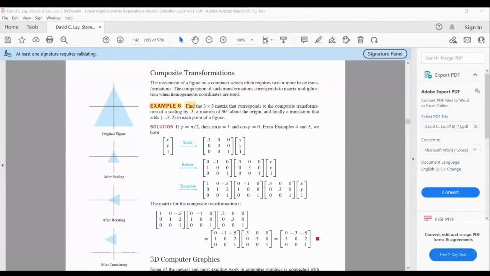What percent? Okay, Jonathan says 3/4, or about 75%. In fact, Jonathan, it's 70%, because again, this example 6 is what we just did in your notes. 70%.